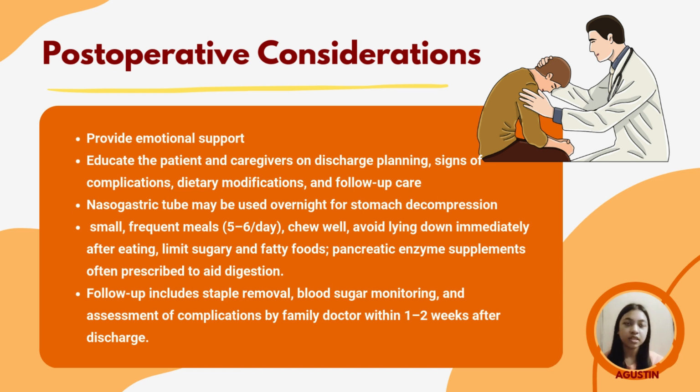Then, educate the patient and caregivers on discharge planning, signs of complications, dietary modifications, and follow-up care. Then, nasogastric tube may be used overnight for stomach decompression. It is usually removed the next day unless output is excessive.